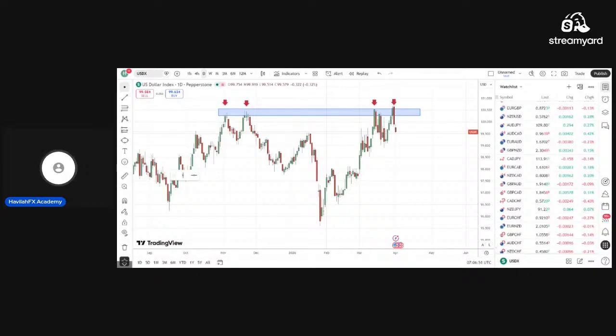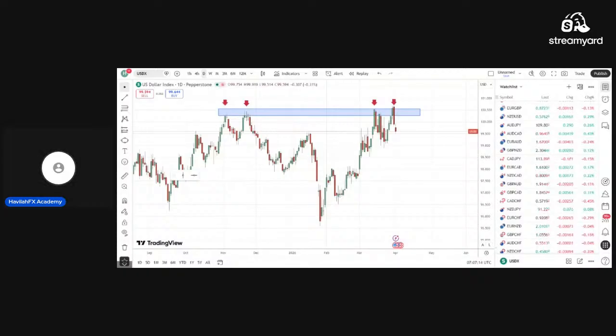Now, the dollar index is the instrument that controls whatever happens to the dollar, which also affects the major currency pairs like the EUR/USD, the AUD/USD, the NZD/USD, the GBP/USD, the USD/CHF, the USD/CAD. They are all controlled by the dollar index. The dollar index tells us what happens to them next. So I'm bearish on the dollar.